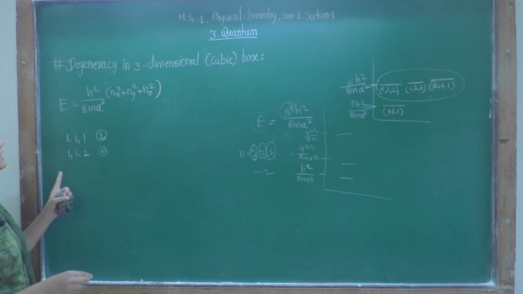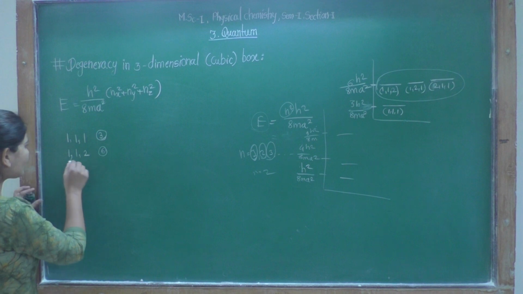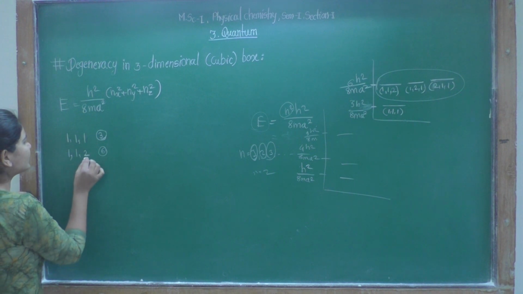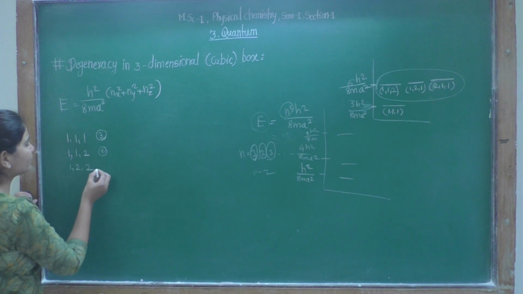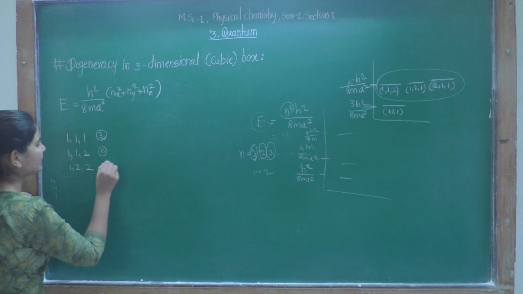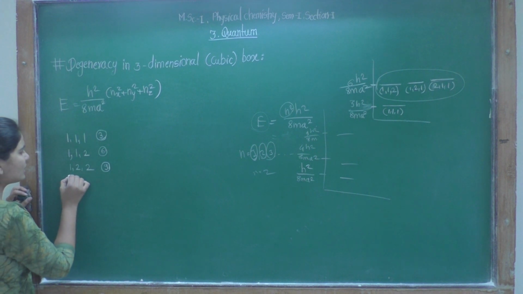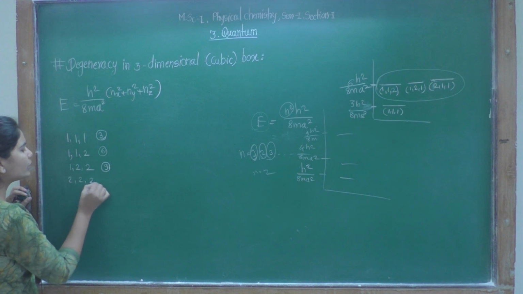Now, let's introduce another 2, here 2 and 2: 1, 2, 2. So 1, 4, 4 will be 9. Again, we can write 2, 2, 2.